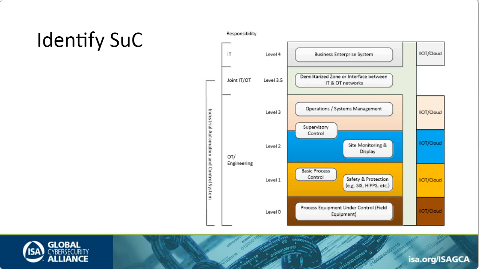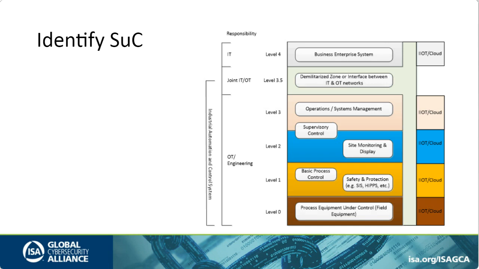Whether you do or do not have a DMZ, a demilitarized zone, there's always an overlap or an interface between IT and OT. And typically, when you're dealing with control systems, you would be looking at the OT, including the overlap, but you would not be looking at the business enterprise system.